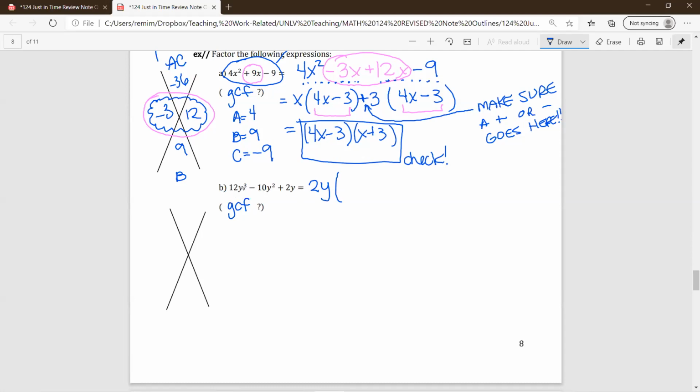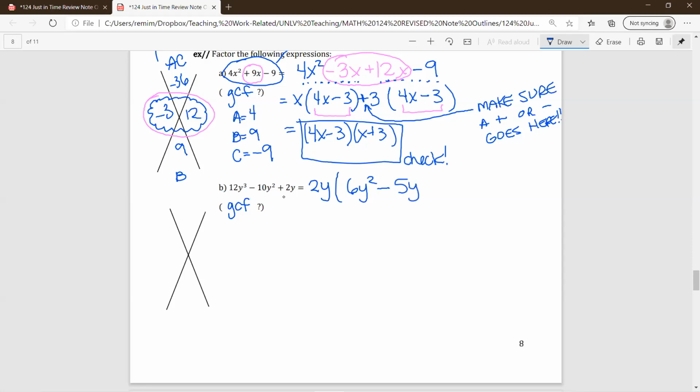So 12y cubed divided by 2y, that will leave us with a 6y squared. What's next? A minus sign. Don't forget that. Now 10y squared divided by 2y. Well, that 10 divided by 2 is 5. If we take a y out of the y squared, we'll just be left with 1y.